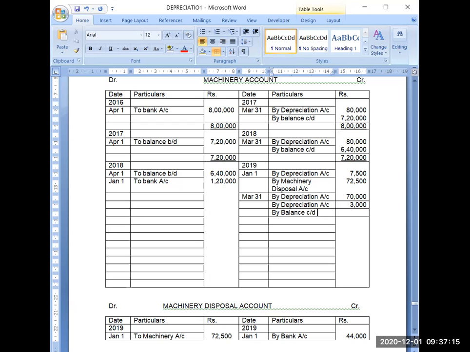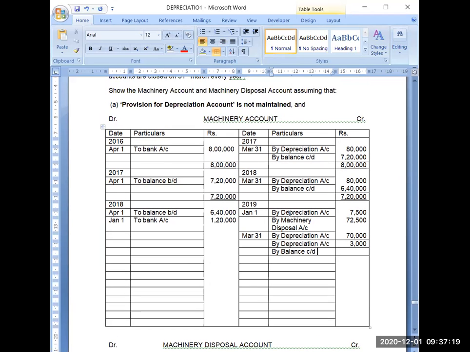By balance carry down. So the only change in this question is that we have not done the sale entries in this account. For that we are maintaining a separate account that is known as machinery disposal account. So we can calculate the combined balance. For that we will total it. The total will be 7,60,000, and if we total it here, 7,60,000.